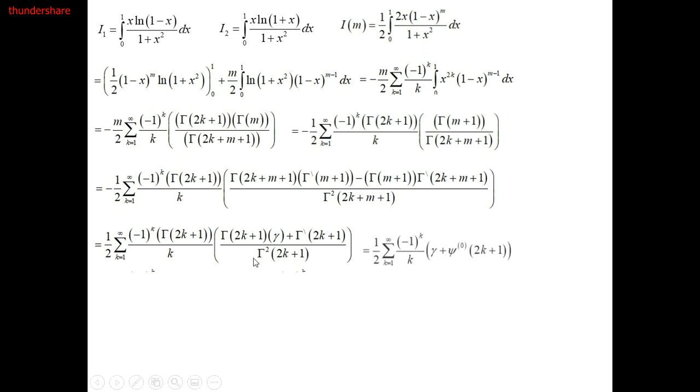And after simplifying, we reach this value, which equals half the sum from k equals 1 to infinity of negative 1 to the power k divided by k, times Euler constant plus polygamma function of 2k plus 1. And here the magic happens: the polygamma of 2k plus 1 equals negative Euler constant plus harmonic number 2k, and here we obtain this value.